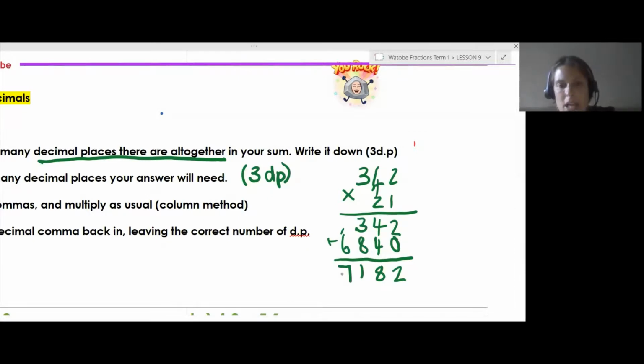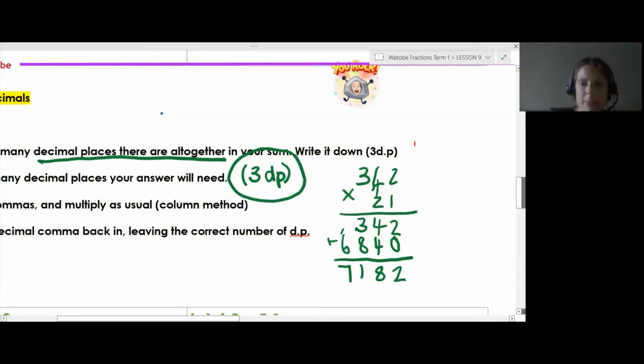But I worked out that I needed to have 3 decimal places in my answer. So I start counting at the back and I go 1, 2, 3, and then I put my comma in my answer. And so my answer is actually 7.182.